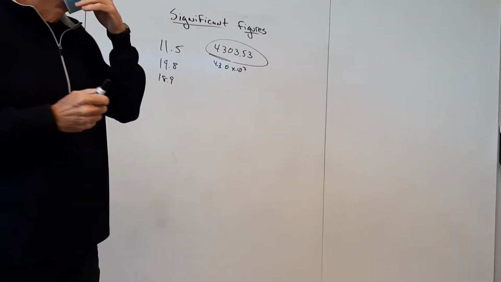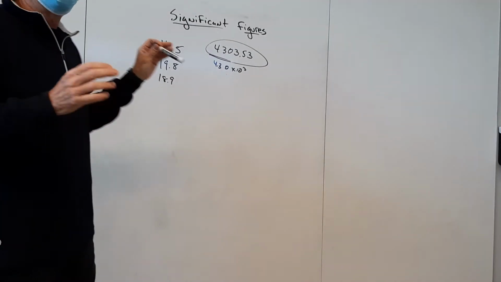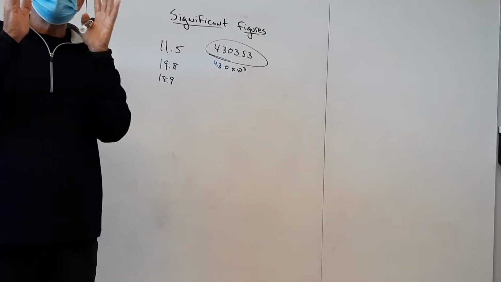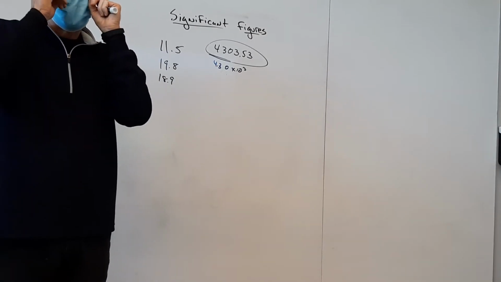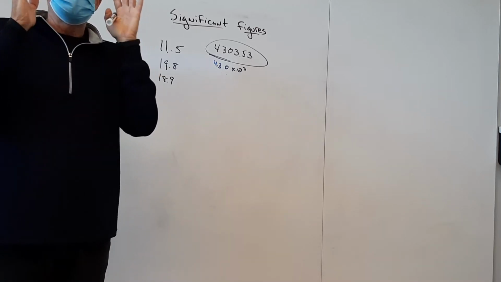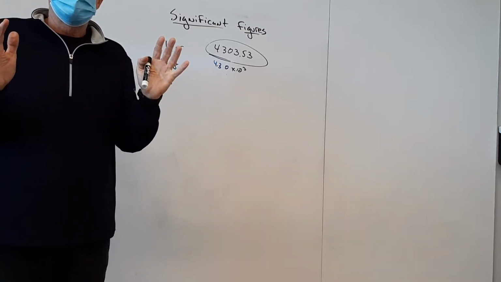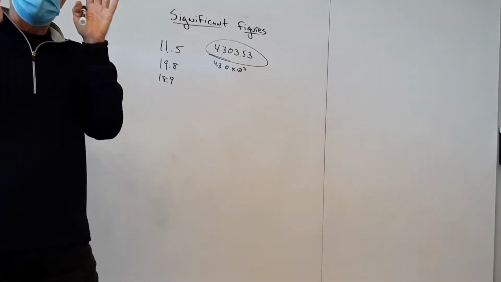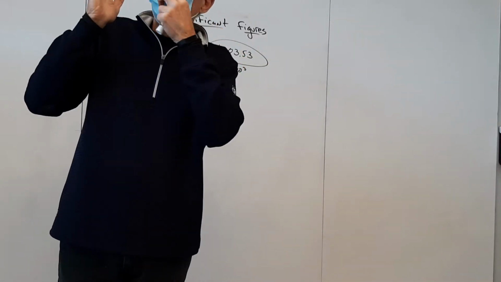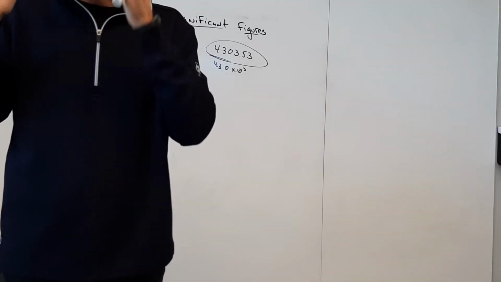Okay. Now, significant figures are every number that we are certain of plus one that we estimate. That's what significant figures are. Significant figures are every number that we are certain of plus one place that we're estimating.